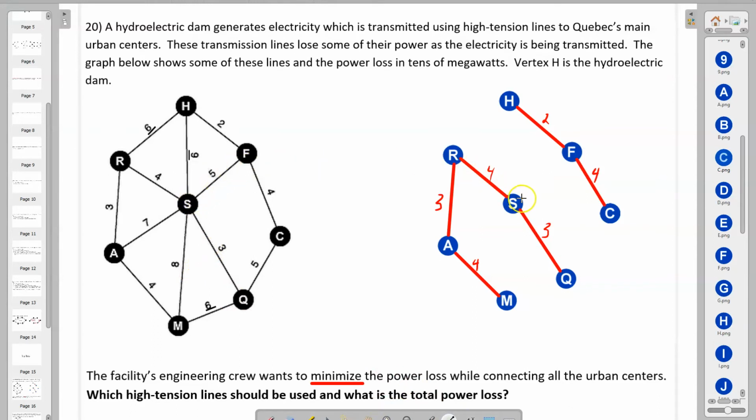So I can go from S to F. Now alternatively, I could have added in Q to C and not put in S to F. Both of them are weighted with 5, and they both accomplish the same objective of giving us a tree without creating a circuit. We can see at this point now that we've completed the tree. We've connected every vertex, starting with the smallest weights and increasing until we had them all connected.